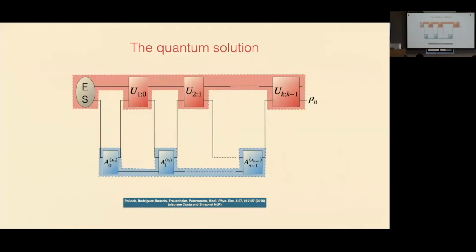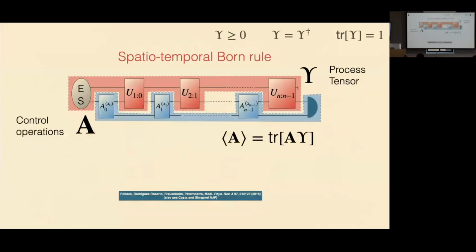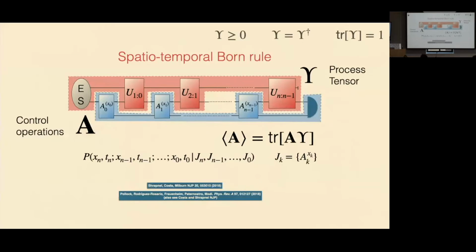So it is exactly the density matrix of a system across many times. There's a factor of 2. So if I have an n-point correlation of a bit in classical, then the dimensionality of it is 2 to the n. Here you get 2 to the 2n. There's an extra factor of 2, and that's because each of these legs is a density matrix on its own. And you get a pair for every time step.